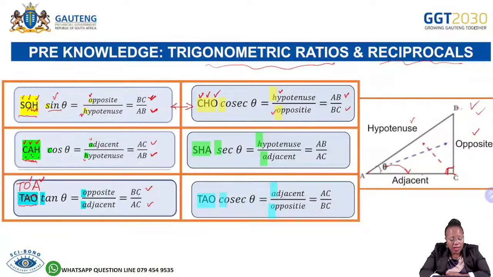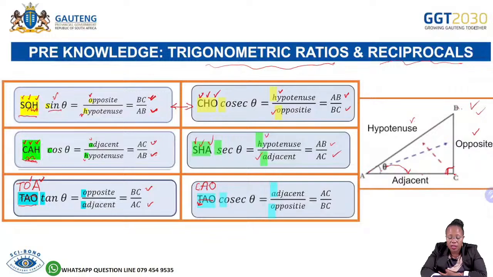And then now let's look at the reciprocal of a cos. The reciprocal of a cos is a sec, so we say sec is equal to hypotenuse over adjacent. That means the sec of theta will be hypotenuse over adjacent. If cos was AC over AB, the reciprocal will be the inverse of that, which is AB over AC. Lastly, we have TOA. This is supposed to be a C because it's a cot, okay?